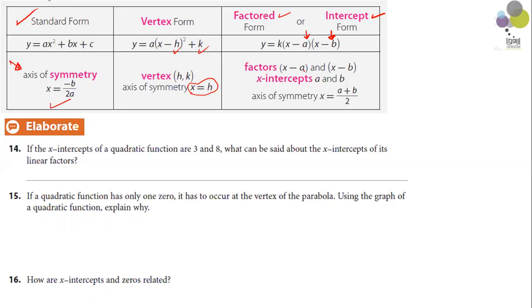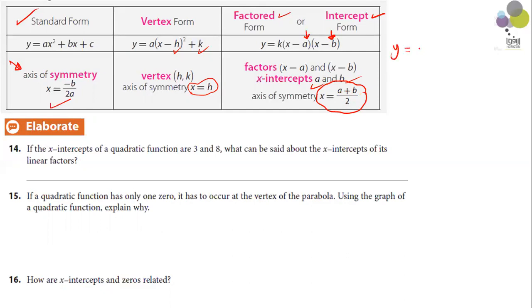Factors x minus a, x minus b, and the x-intercepts will be a and b. This is the new one. The first coordinate of the vertex in this case is x equals a plus b over 2.